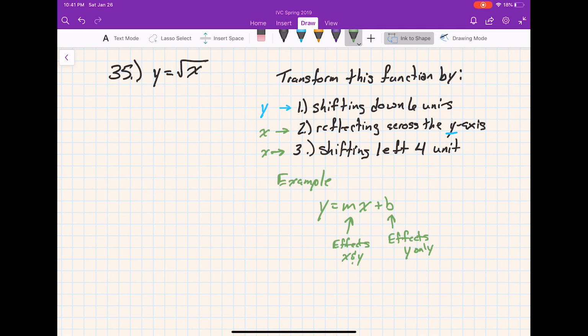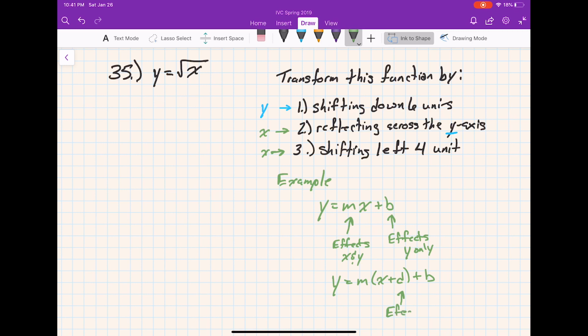Now, what would affect x only? Well, if we change this a little bit and say y equals m times the quantity x plus some number d, plus b, now we see that this d portion only affects x.